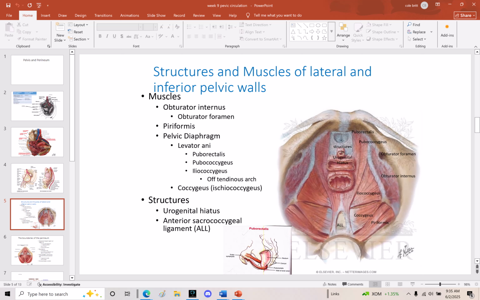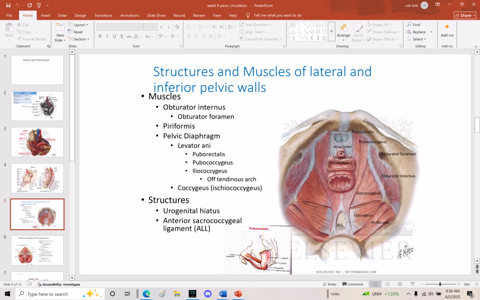So we have two diaphragms. First off, back here in the back, we have the piriformis. Piriformis is a lateral rotator of the thigh. It makes your leg go out like that. It's the landmark that separates the superior and inferior gluteal arteries from one another.